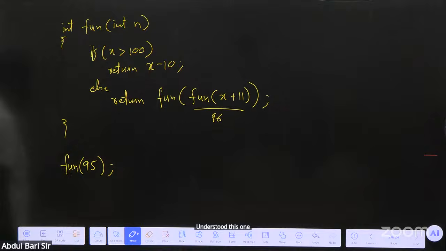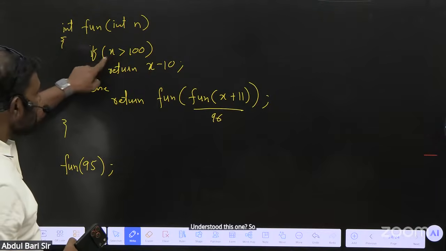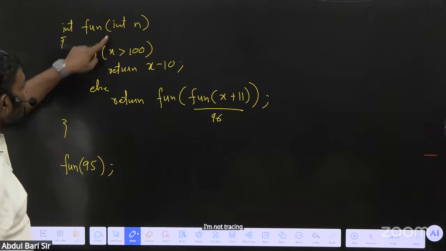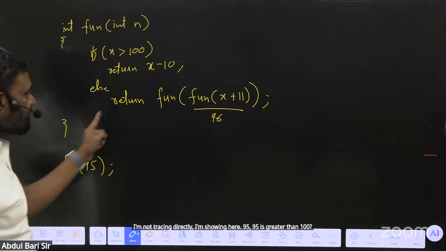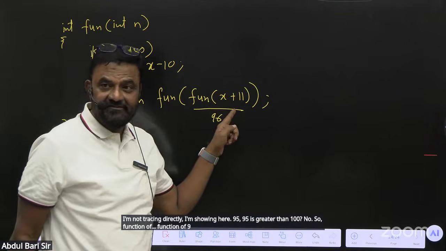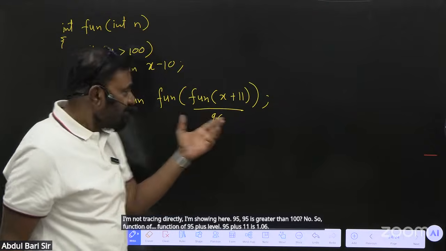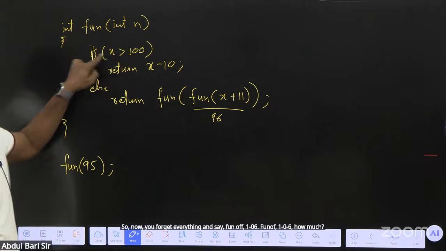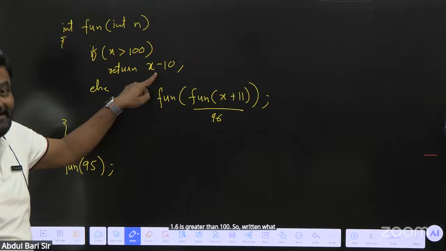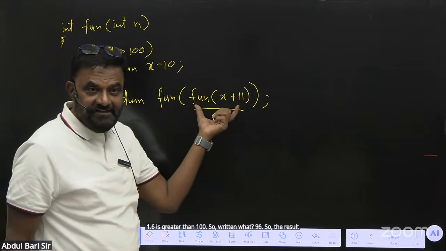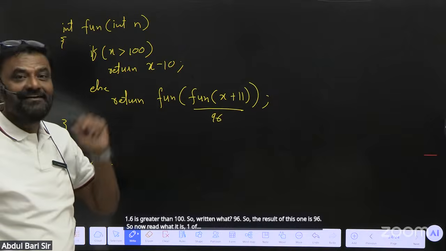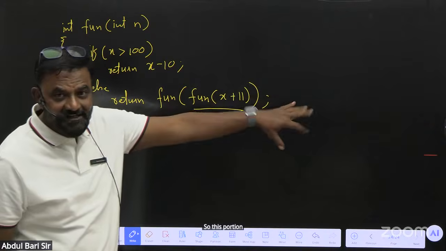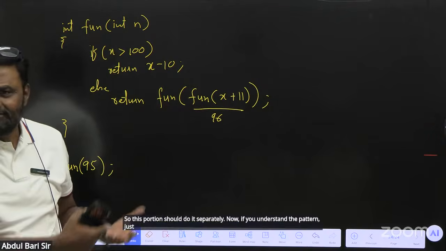Understood this? So 95 is passed. Follow this one. I'm showing you, I'm not tracing directly. Is 95 greater than 100? No. So function of 95 plus 11. 95 plus 11 is 106. So now you forget everything and say fun of 106. 106 is greater than 100, so return 96. So the result of this one is 96. So now read what it is: fun of fun of 95 means you have to call fun of 96 once again. So this portion you should do separately. Now, if you understand the pattern, you can go on doing it quickly.